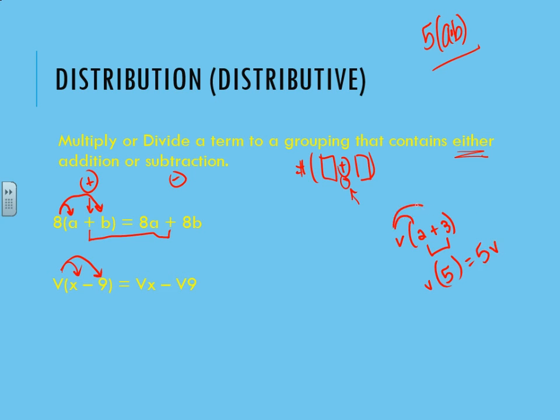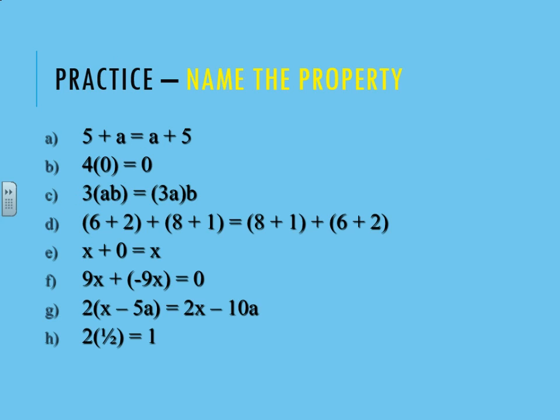But you could also get that by doing 2v plus 3v, which are like terms that combine to 5v. So we like distribution because of times where one of these terms is a variable and we don't know its value. But always look for that plus or that minus in between your terms, and you keep that sign in your answer.